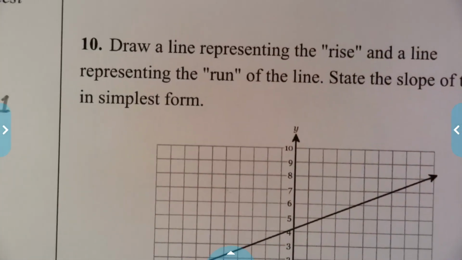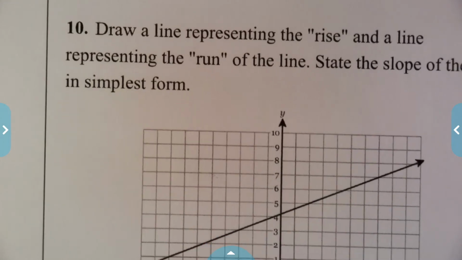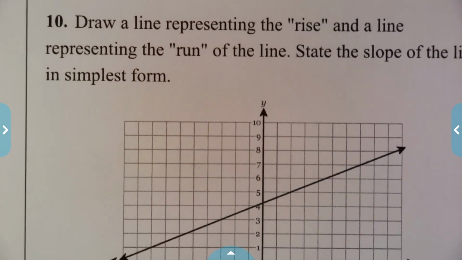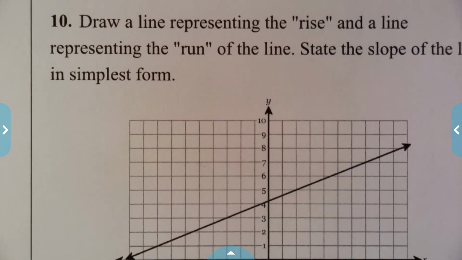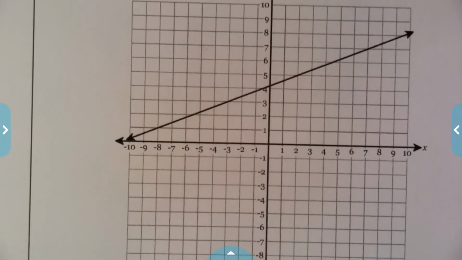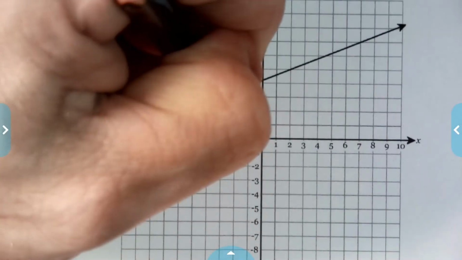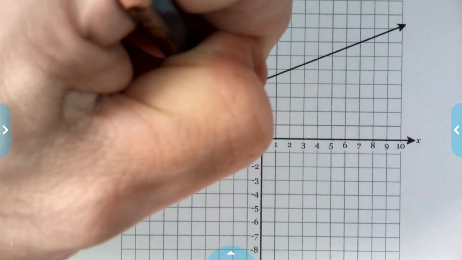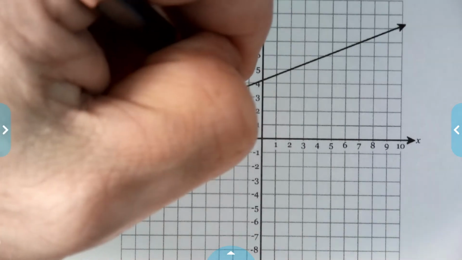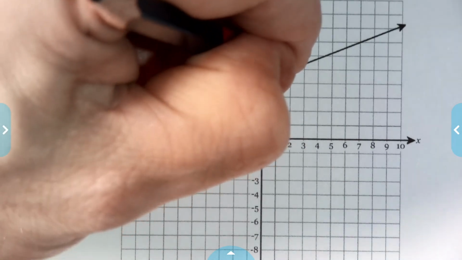Okay. And here we are on number 10. We just finished number 9. Draw a line representing the rise and the run, state the slope. Okay, so the same type of question. And what I'm looking for are those lattice points. Here's a lattice point. And the next lattice point I see is here.